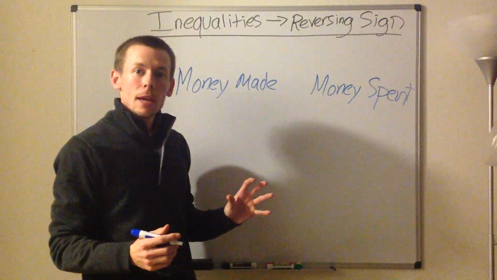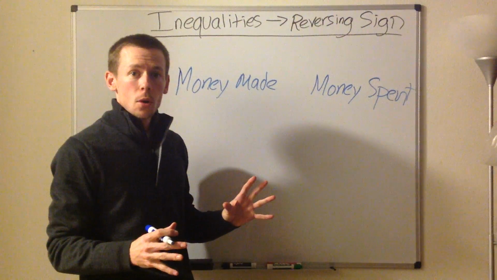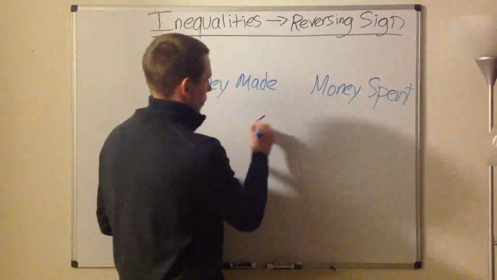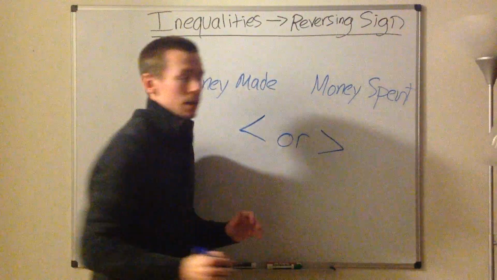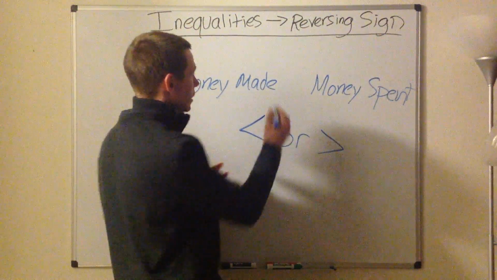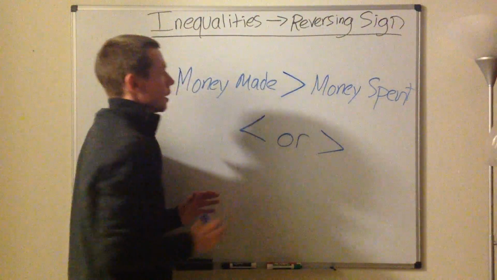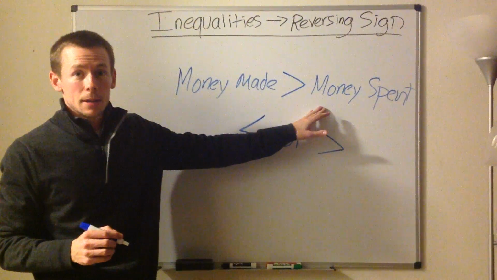And so the way we show whether things are greater or less than is we use these inequality symbols. So here, what we want in a business is money made to be greater than money spent.